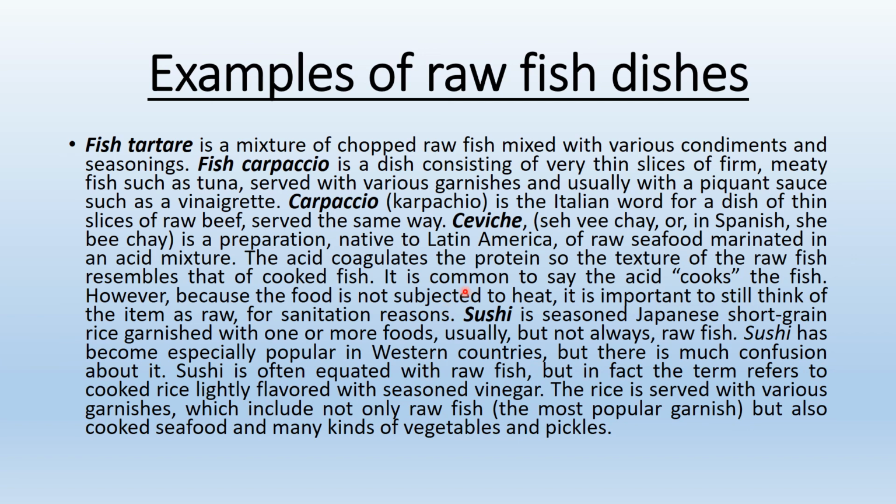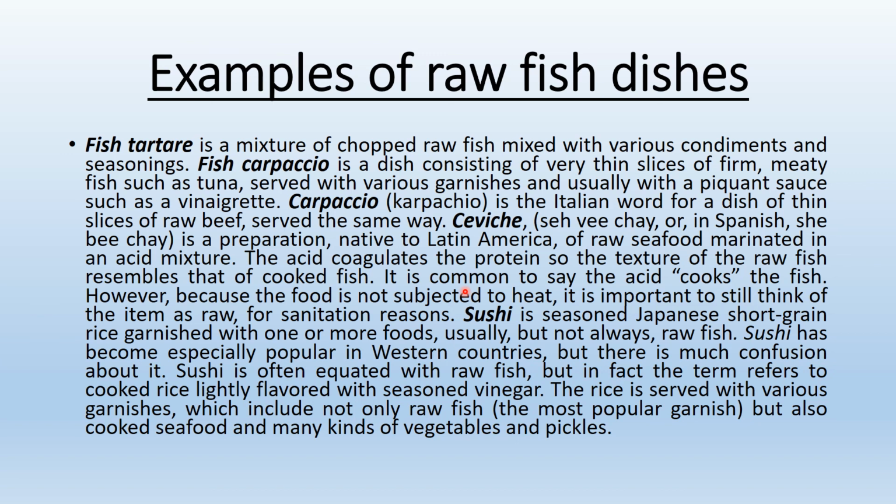So a lot of people say they are going to cook the shrimp or the fish with lime, but because the seafood is not exposed to heat, using the term cook is not highly correct, and they should say that in restaurants for sanitation reasons.